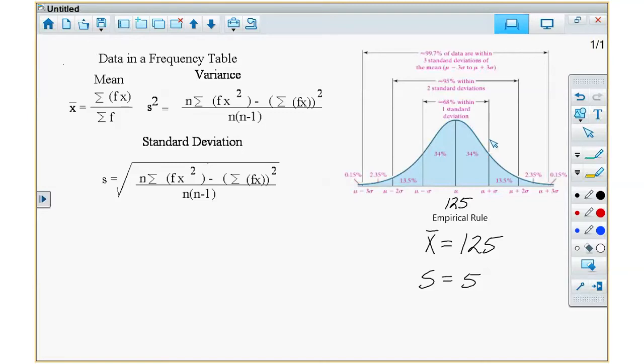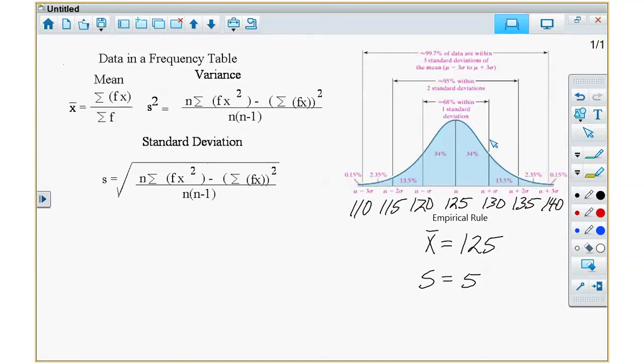What is this? 130. What is this? 135. What is this? 140. And this is 120, 115, and 110.